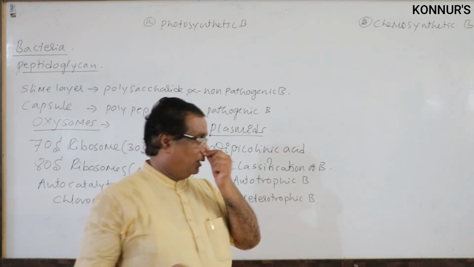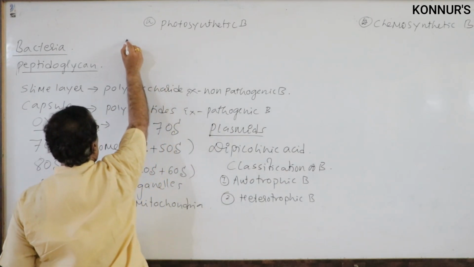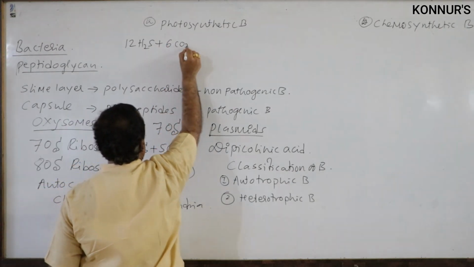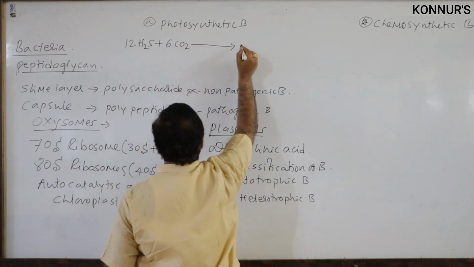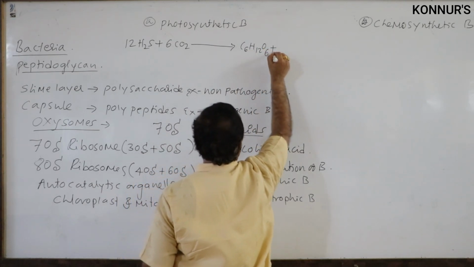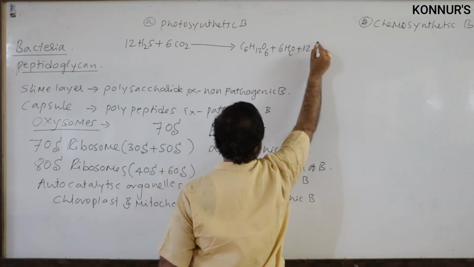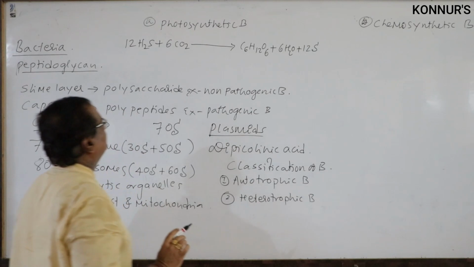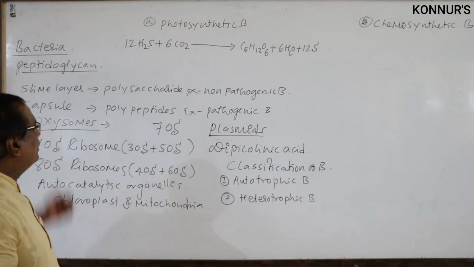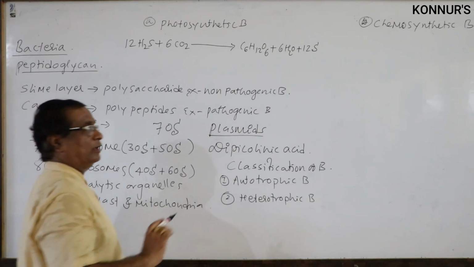Let us have the equation for bacterial photosynthesis. 12 H2S plus 6 CO2 giving C6H12O6, 6 H2O and 12 S. This is the equation for bacterial photosynthesis.